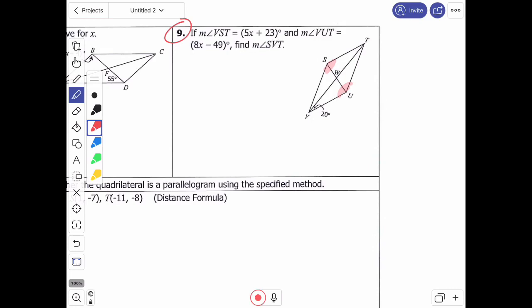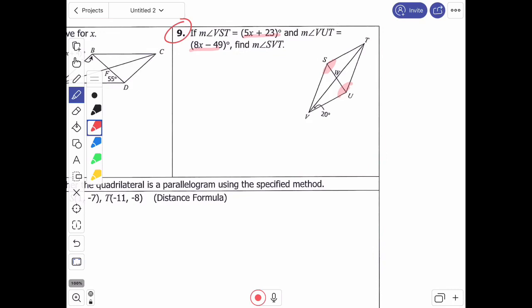So already I should see that these two angles should be congruent, that I've highlighted, because they're opposite of each other within that parallelogram. So I'm going to have to use those two angles being congruent to figure out what x is probably.